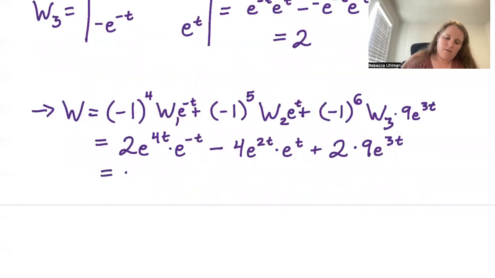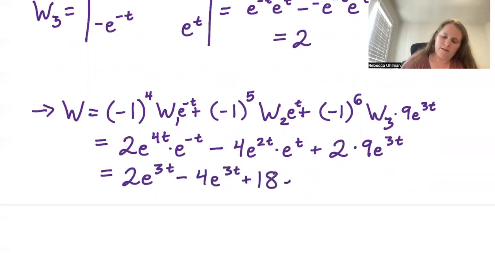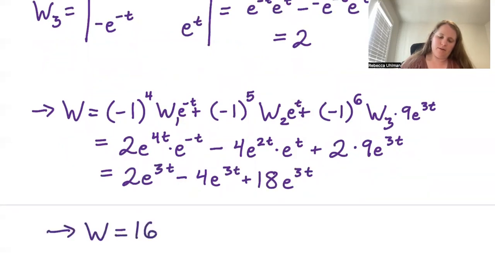This is 2e to the 3t minus 4e to the 3t plus 18e to the 3t. And so we get that our Wronskian is 16e to the 3t.